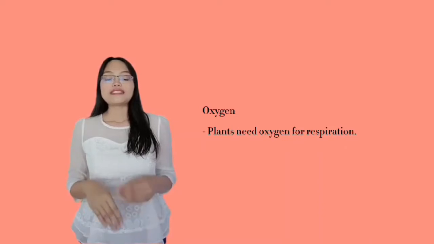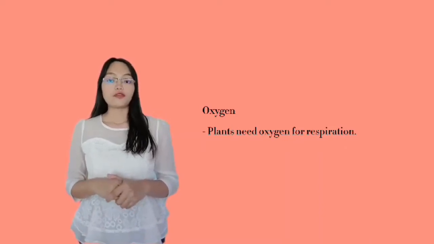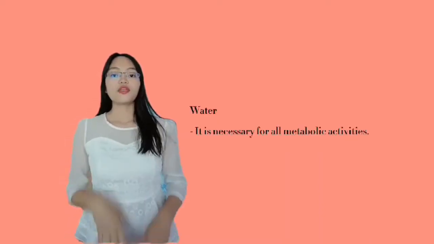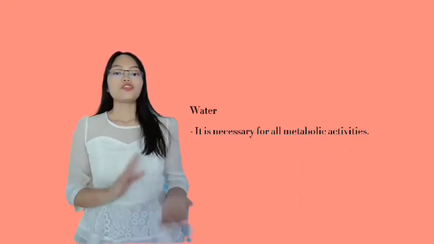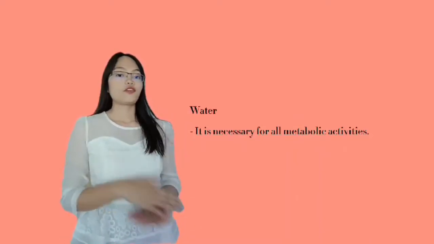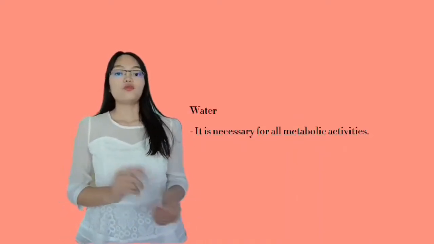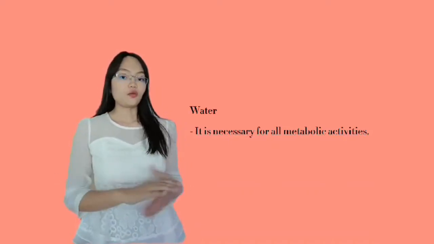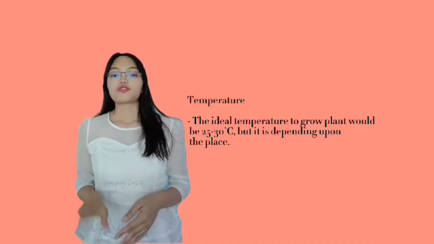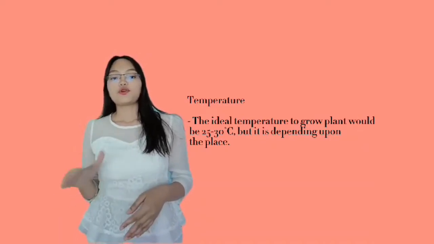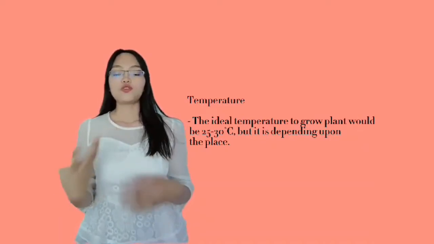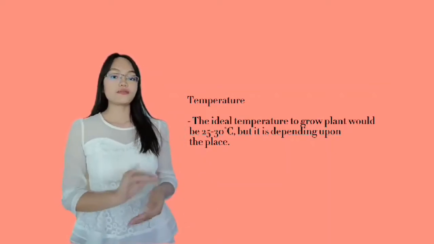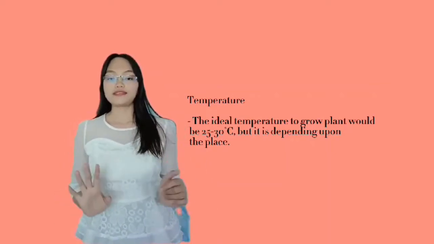Oxygen. Plants need oxygen for respiration. Water. Plants need water for all the metabolic activities, for all the cellular reactions, whether it is catabolism or anabolism, or any activity is done on water. Temperature. The ideal temperature to grow plants would be 25 to 30 degrees Celsius, but it depends upon the place.